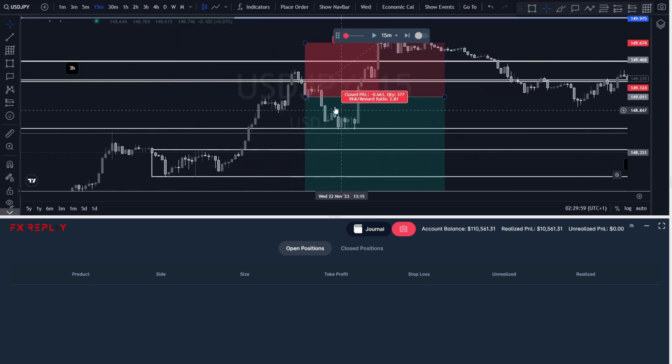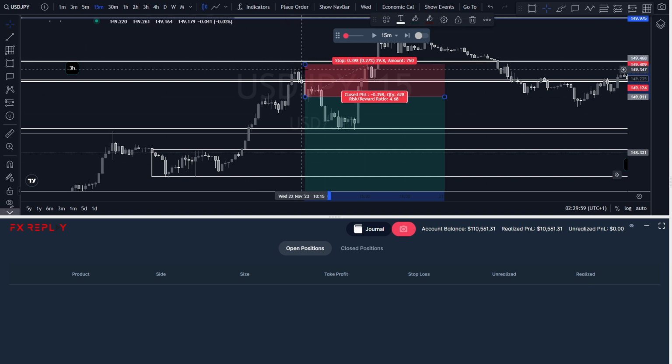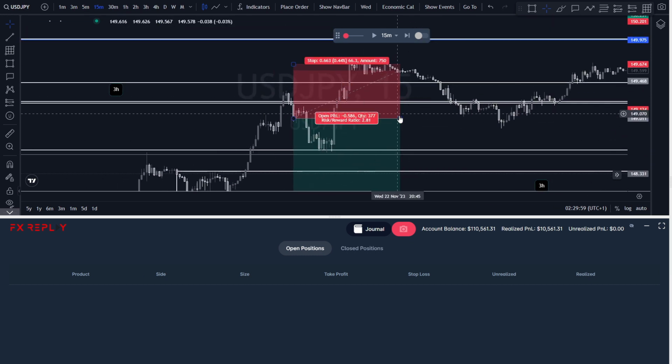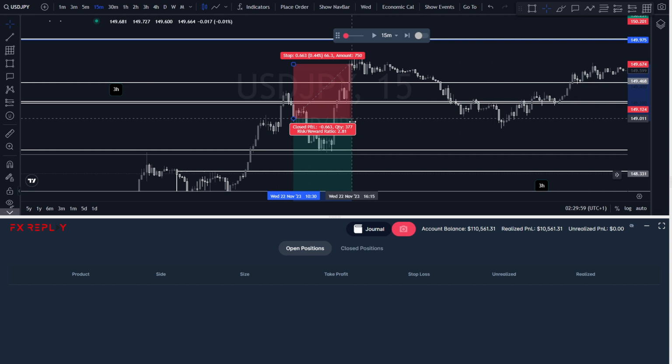I was thinking, break of structure, stop loss would normally have been here, but there's this order block right above it, so let me just place my stop loss a little higher. Maybe I won't get stopped out.